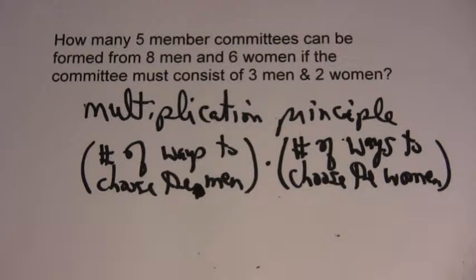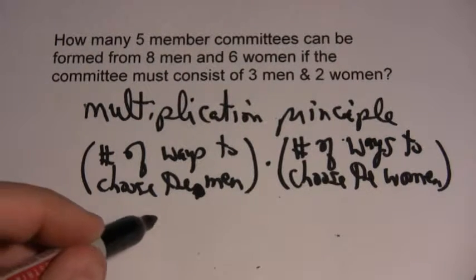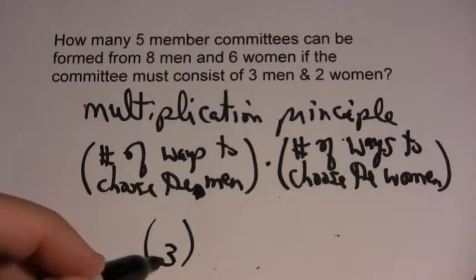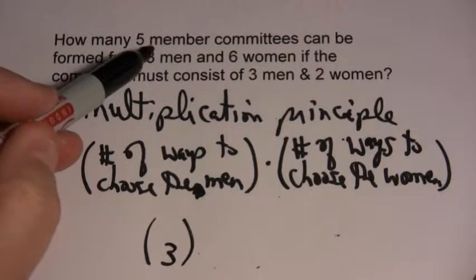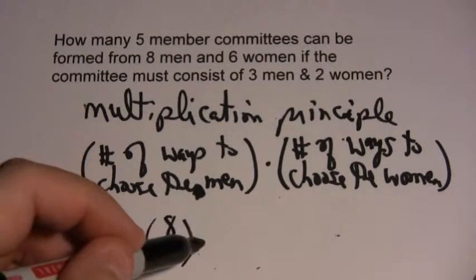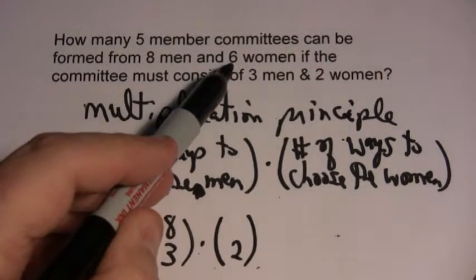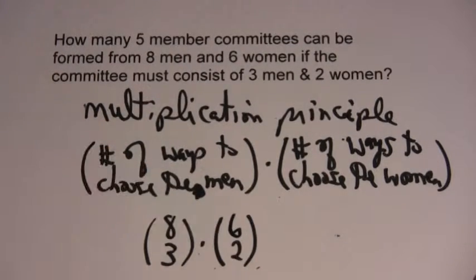And order is not important, so it is a combination. So the number of ways to choose 3 men is a combination. You want to choose 3 men. Well, how many men do you have to choose from? You have 8. So you're choosing the men from the 8, and you want to choose 2 women, and there are 6 to choose from. So the product of those 2 combinations is the answer to the question.